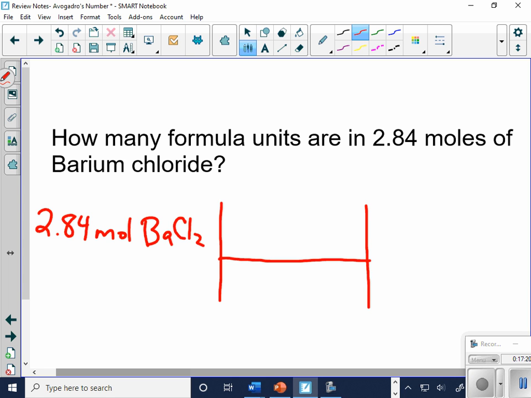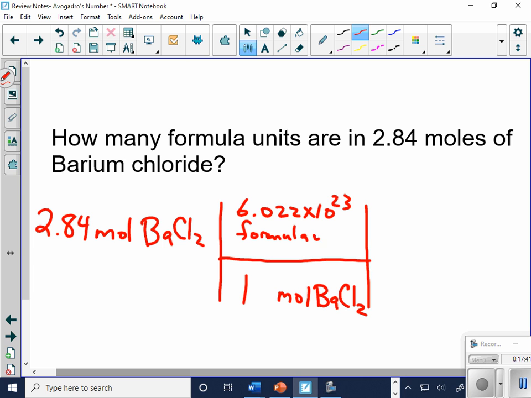So I'm going to have moles of barium chloride down at the bottom. Well, I know that 1 mole of barium chloride has Avogadro's number of formula units of barium chloride. Fit that all in that little box.